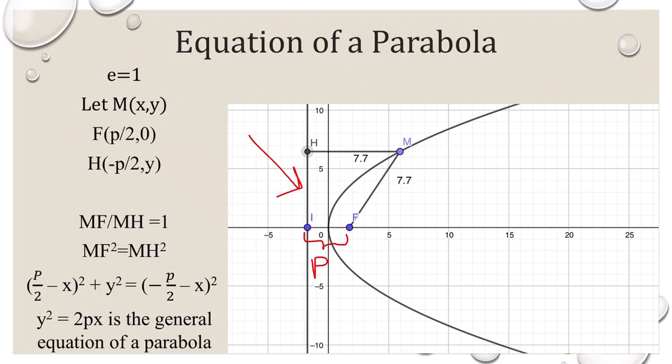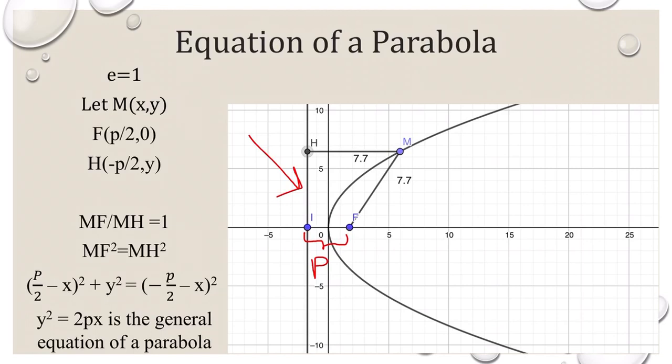Let's say that the distance between the directrix and the focus is P. First, the coordinates of F, which is the focus.